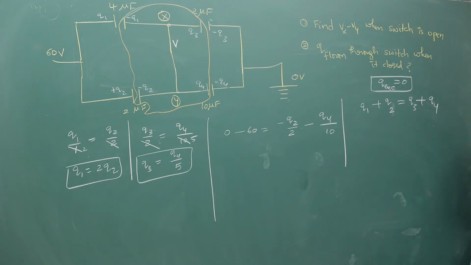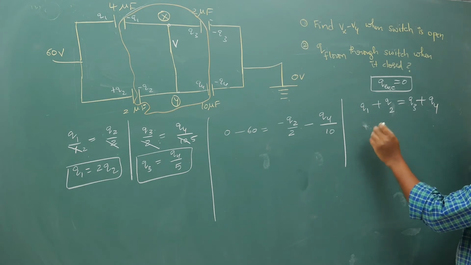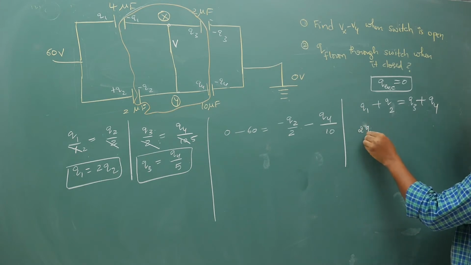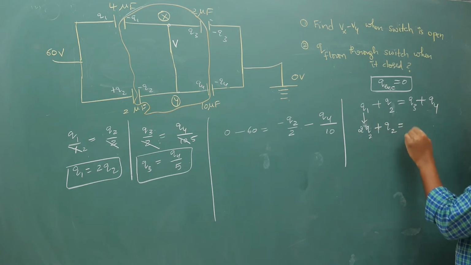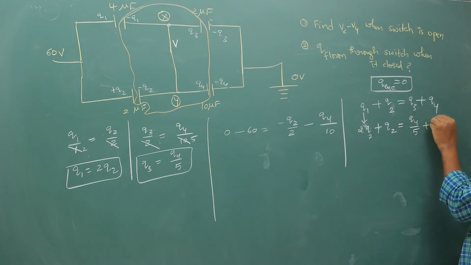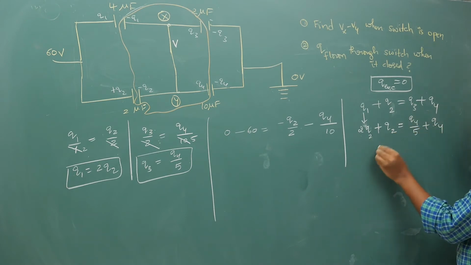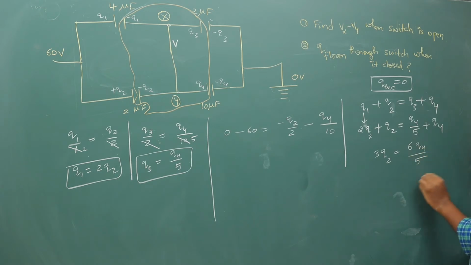Now q1 can be written as 2q2. So 2q2 plus q2 is equal to q3 plus q4, where q3 can be written as q4 by 5 plus q4. From here 2 plus 1, it is 3q2 is equal to 1 plus 5, you are going to get 6q4 by 5.